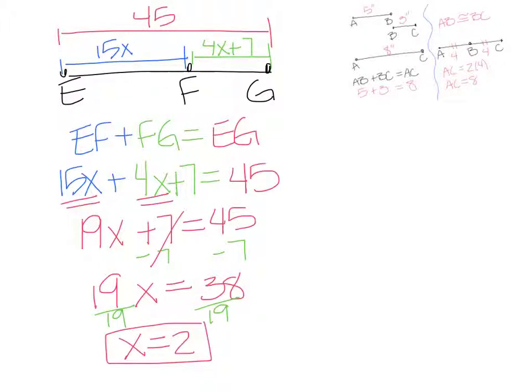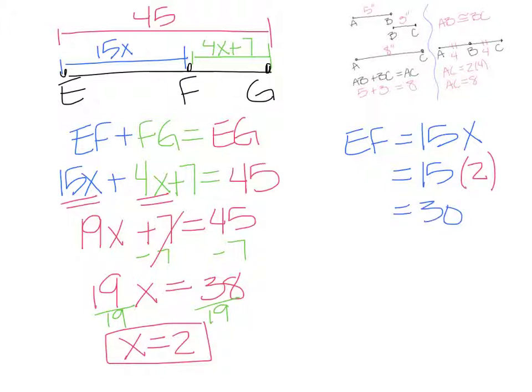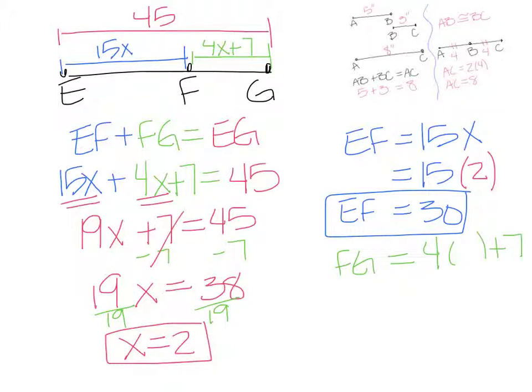So we can take that value and plug it back in. So EF is 15x, so that would be 15 times 2, or 30. And we know that FG is 4x plus 7.